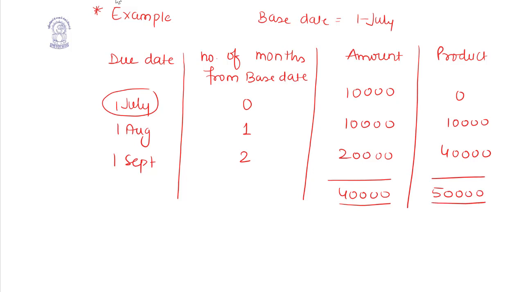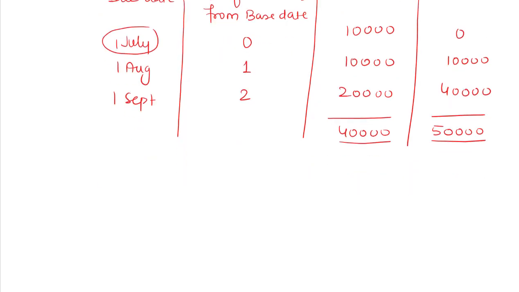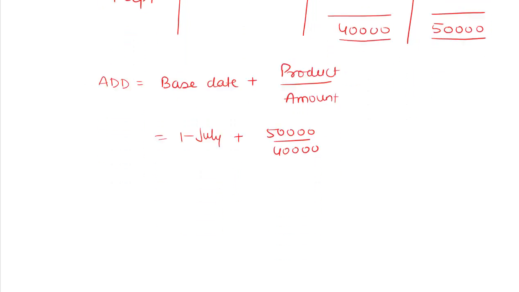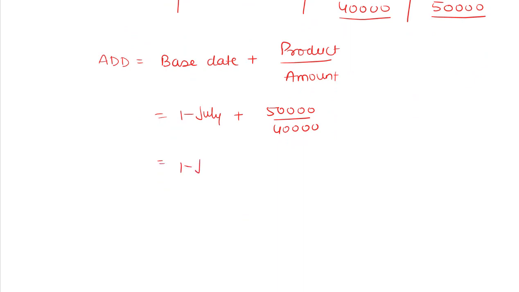Total product is 50,000. Average due date equal to base date plus product upon amount. 1st of July plus 50,000 divided by 40,000, which is 1.25 months.